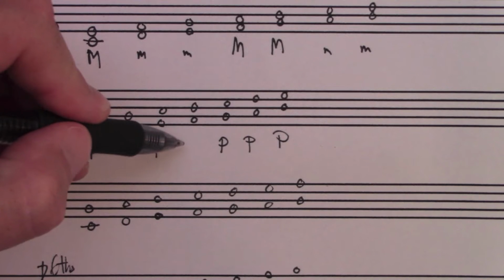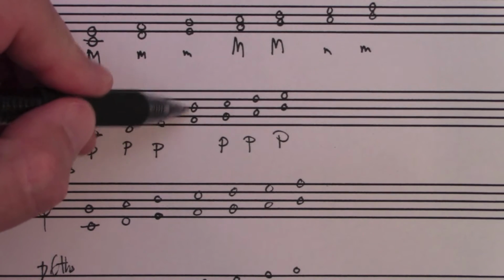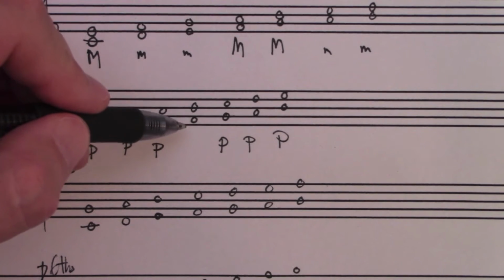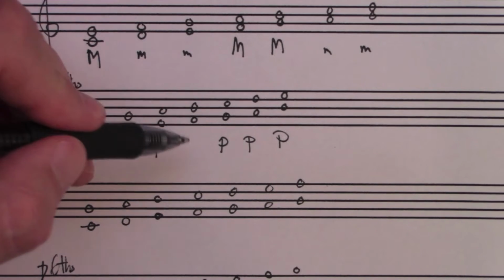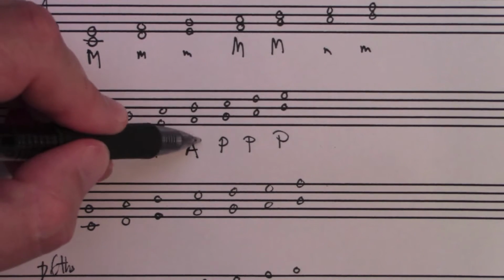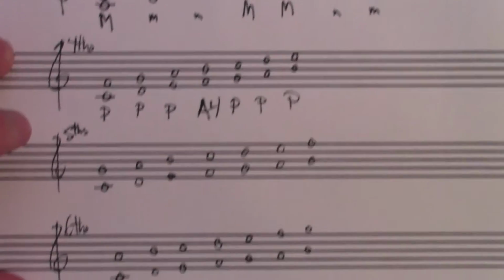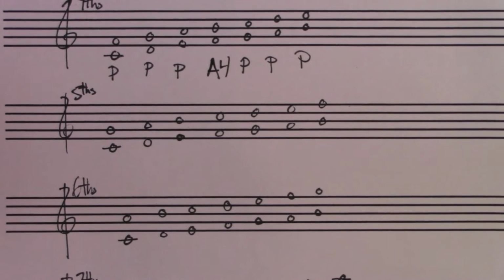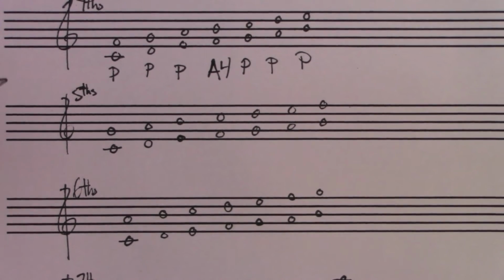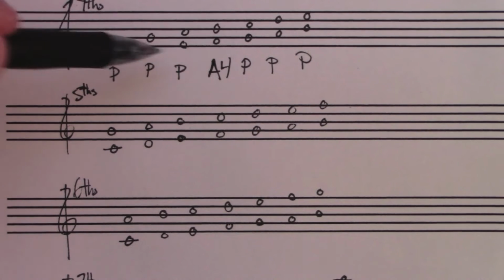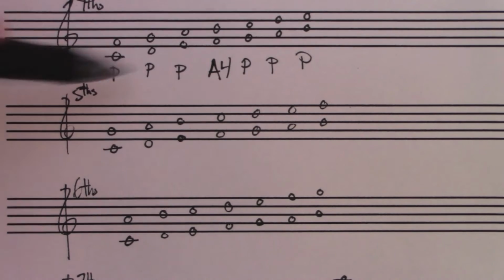That is bigger than a perfect fourth. So does that mean it's major? No. That means it's augmented. An augmented fourth. So that's really easy. If it's a fourth other than F to B, it's going to be a perfect fourth.